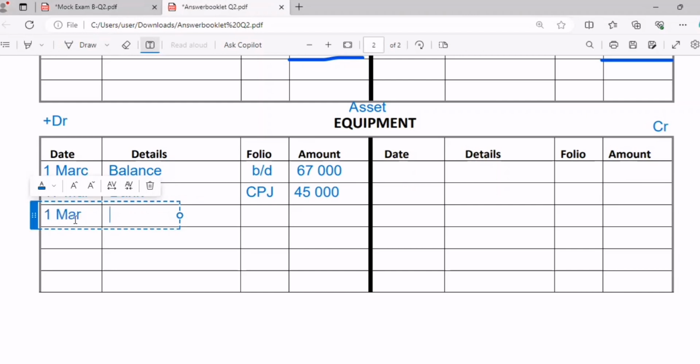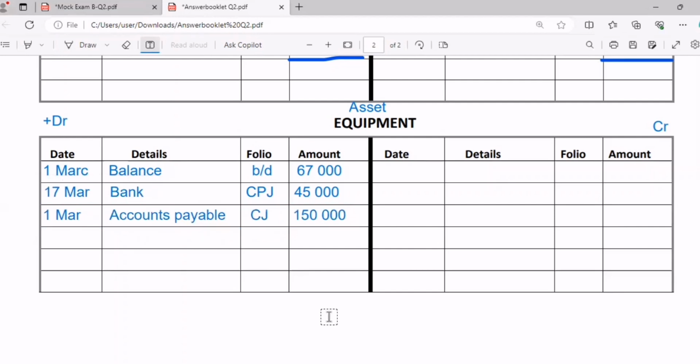So this equipment was purchased on credit. So anything purchased on credit will be shown as accounts payable. And the folio will be the CJ, creditors journal. So the value of the equipment is 150,000. And then we are done.